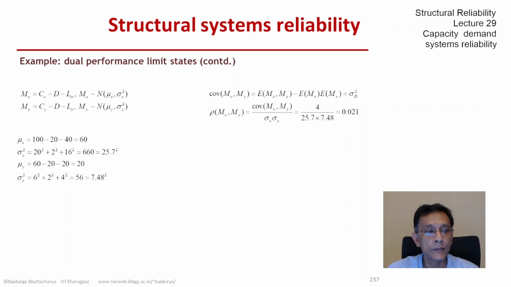If there was dependence between the CU and CY, there would have to be a strong case for that, but then we would probably see a higher correlation coefficient between the 2 safety margins. And finally, the beta values for these 2 limit states, which is mean divided by the standard deviation, are 2.33 and 2.67 in ultimate and yield respectively.